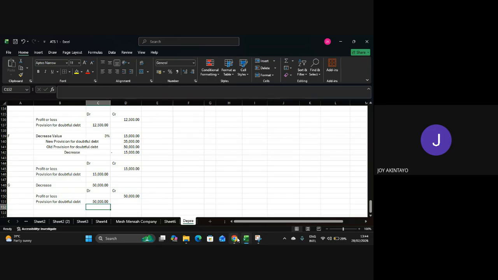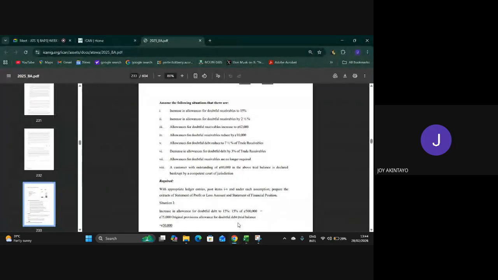Now, they tell us the next thing is that a customer with an outstanding balance of 80,000 cedis from our trial balance is declared bankrupt. Are we together?